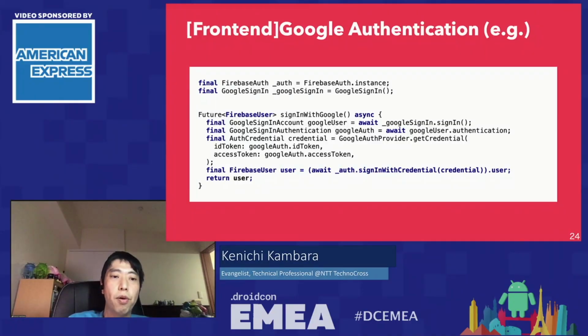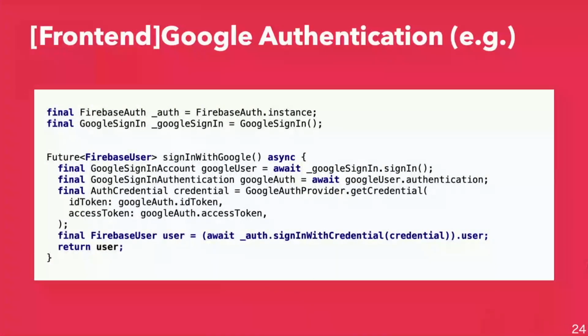Here is a code example for Google authentication. First line, getting a Firebase instance. It's for authenticating a user on Firebase. Second line, getting the Google sign-in instance. It's for authenticating a Google user.